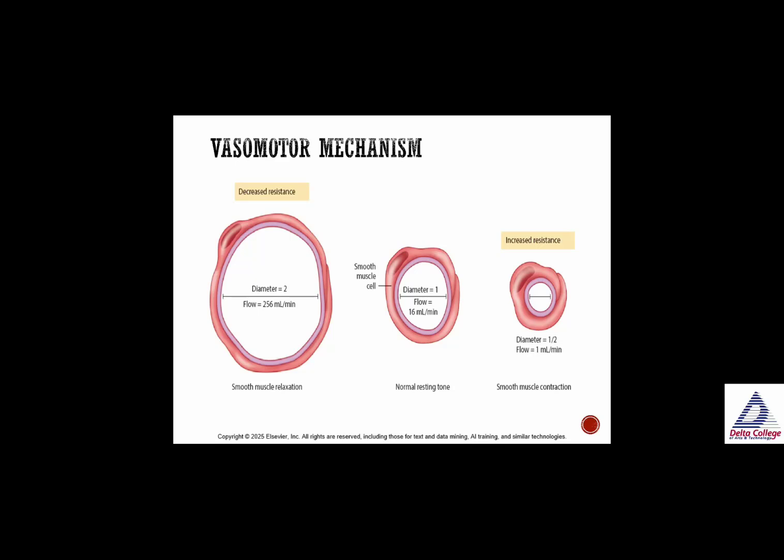Now, if it gets constriction, right, smooth muscle contraction that constricts, it actually increases the resistance. So there's more pressure that it's having to push against. And over time, this increased resistance, this constriction, can start to wear the system out and just cause more and more high blood pressure.